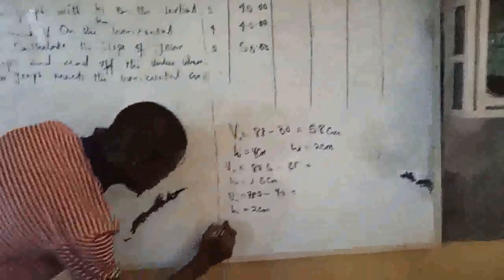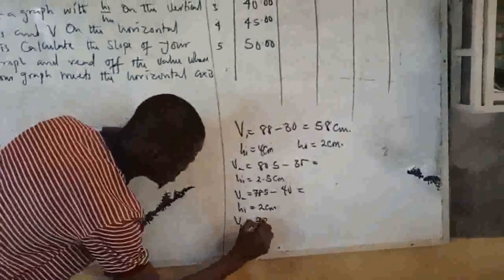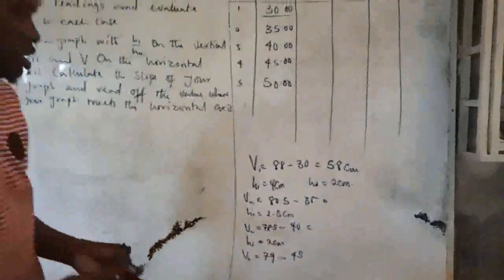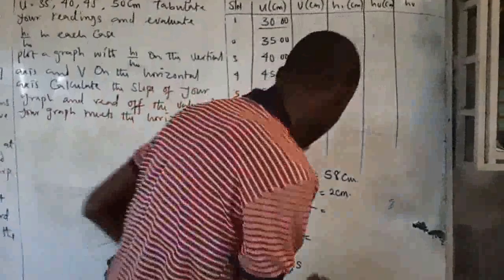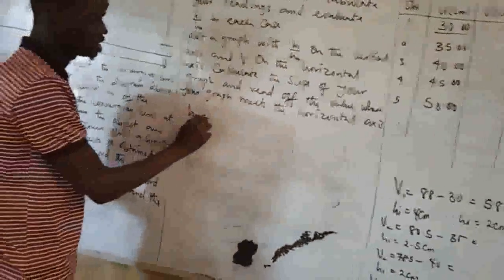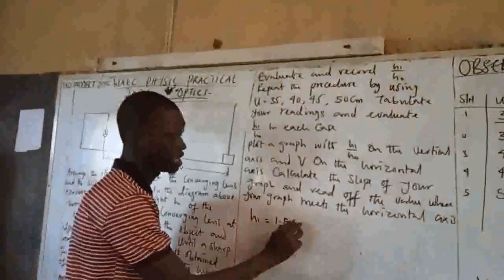That is, my V2 equals 79 minus 45, whereby I will find the value of that later. The height of the image that is formed is given to us from here as 1.5 centimeter. The height of the image, HI, is 1.5 centimeter.